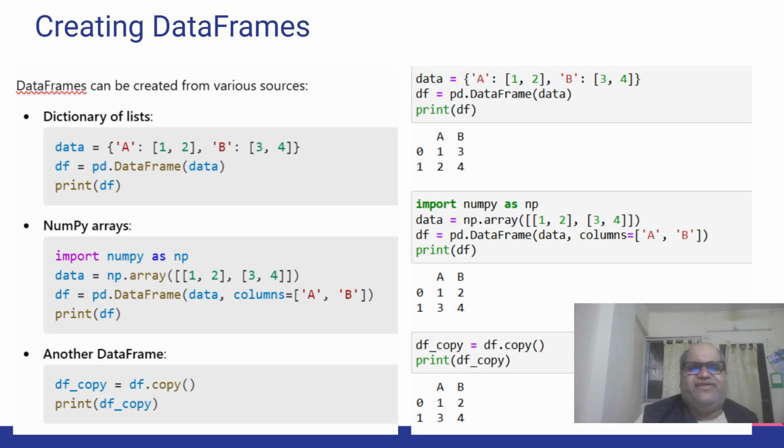Then we looked at several ways of creating a series, through list, dictionary, through NumPy, right? Here also for data frame we are looking at it through dictionary if you have multiple columns, and we saw that you don't explicitly provide the columns. If you are doing it through nameless NumPy arrays, you can provide columns explicitly inside the parameter columns equal to whatever it is, right? And then even you can copy to create another data frame.